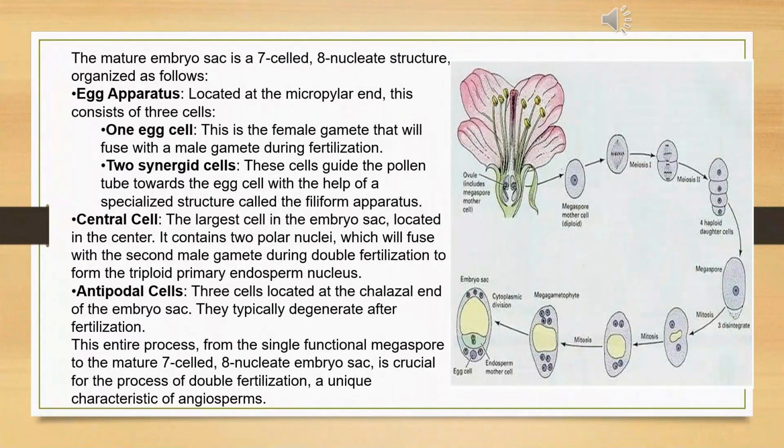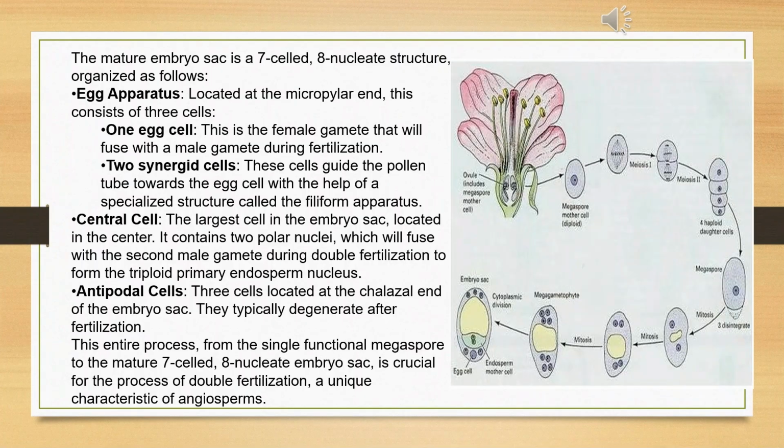One egg cell, this is the female gamete that will fuse with a male gamete during fertilization. And the second one is the two synergid cells. These cells guide the pollen tube towards the egg cell with the help of a specialized structure called the filiform apparatus.